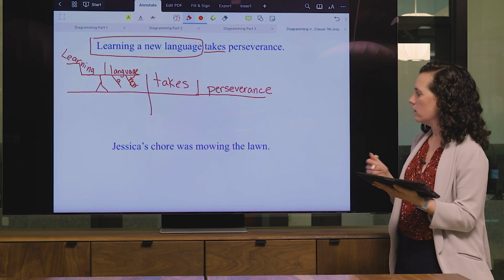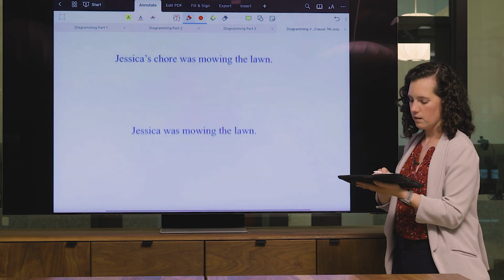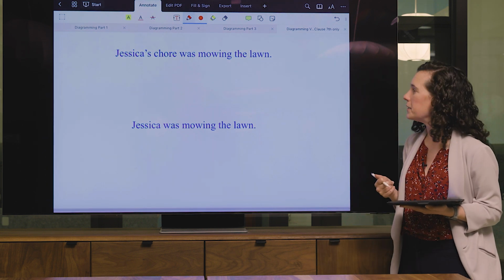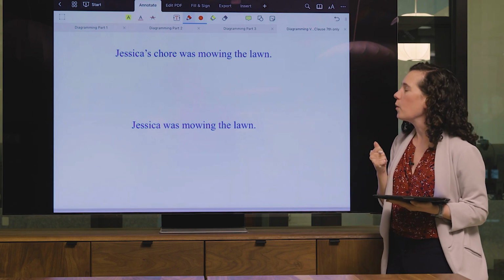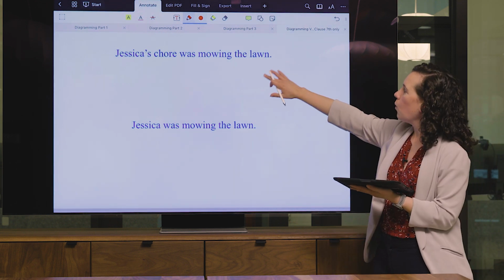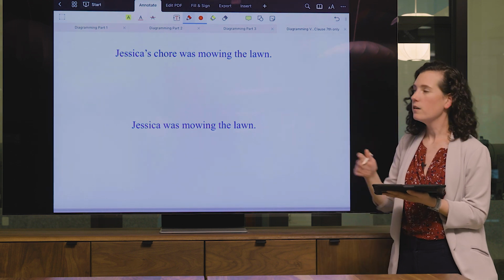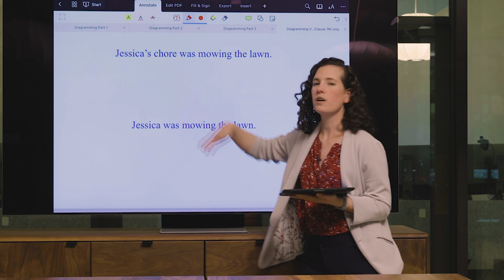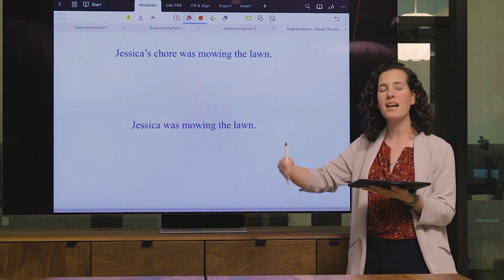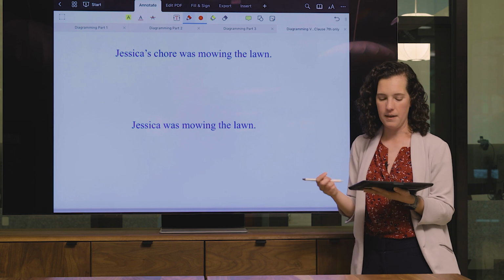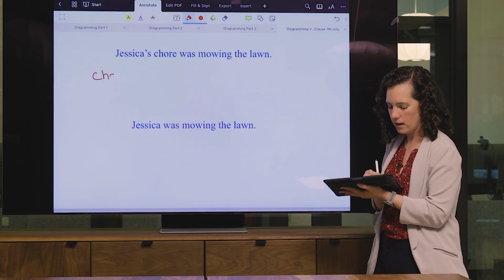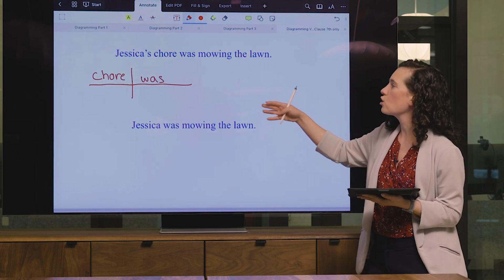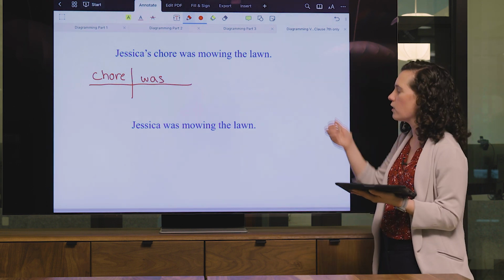Now let's look at another one. We're going to compare these two sentences that are similar but diagrammed very differently. Jessica's chore was mowing the lawn. Was is our linking verb here. Mowing is not being used as an action verb because our subject is chore. The chore wasn't doing the action of mowing something. The chore didn't mow anything. So chore is our subject. Was is our linking verb. And the chore was the action of mowing the lawn.